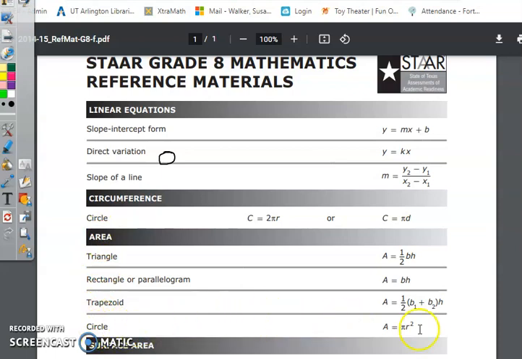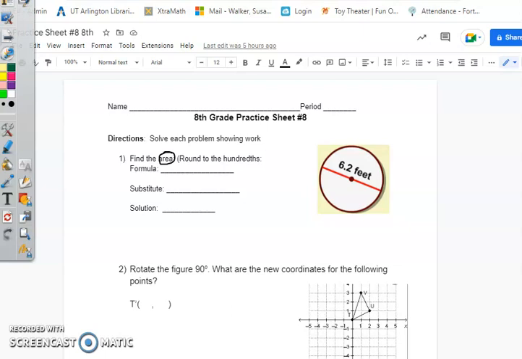Area of a circle, A equals pi r squared. Okay? Now, the part I want to make sure you remember is let's label these. Most of the time, we're going to be needing radius.